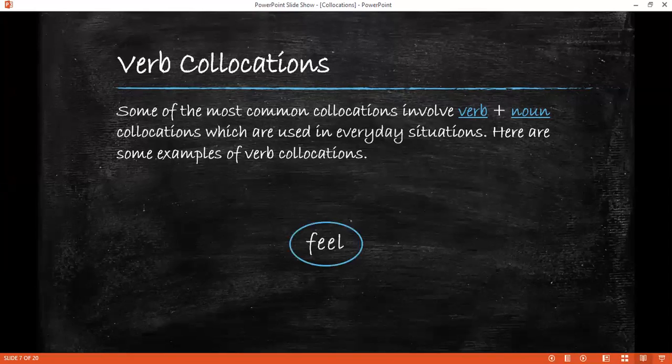The first verb is feel. Feel bad. You may say, I feel bad for the poor. Feel hot. I feel hot in fever. I feel sorry for not listening to my mother.